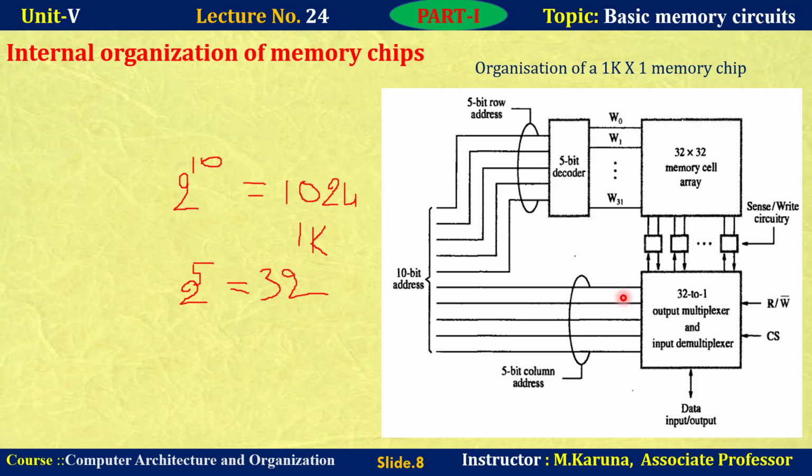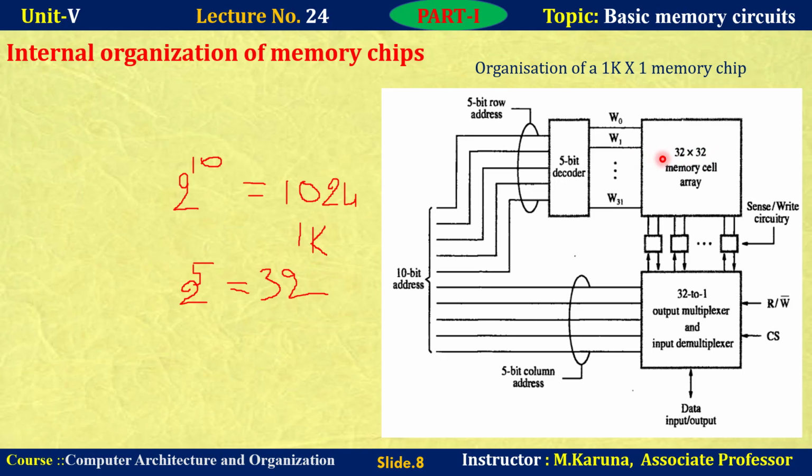Okay, for example, if the processor sends all zeros, okay, then the first column will be selected. If the processor sends all ones, then the last column will be selected. Here, if the processor sends all zeros on the address lines, then the first row will be selected.